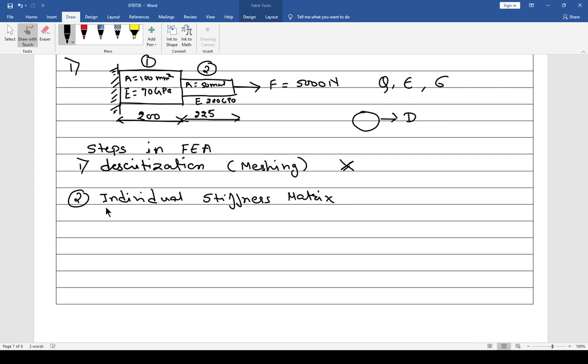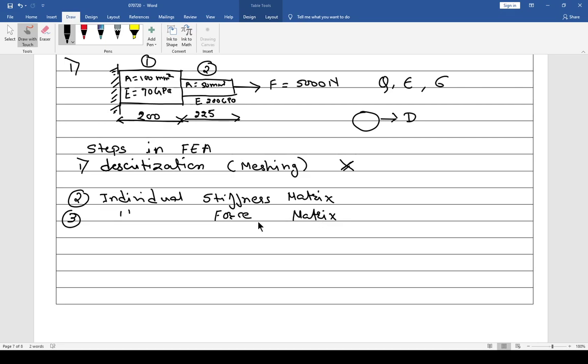Then the third step is to form individual force matrix. So on each element, how much is the force? That we have to find out.